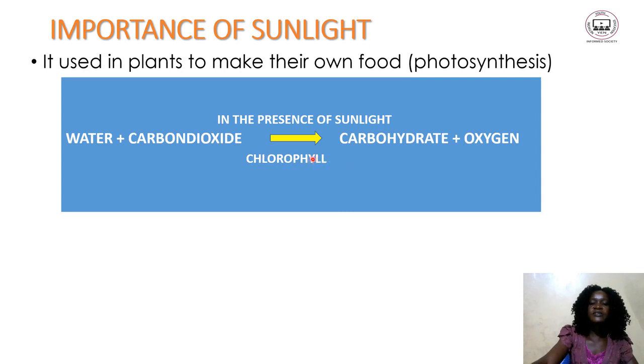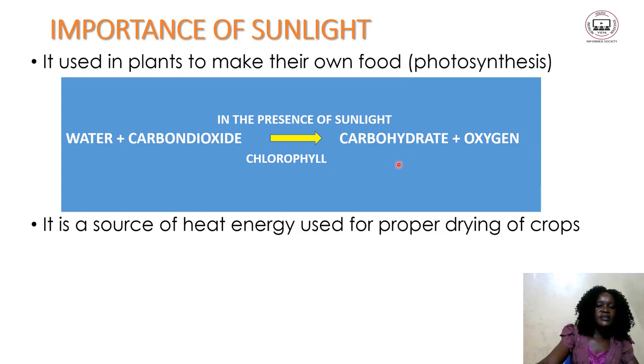The chlorophyll traps sunlight energy so that water and carbon dioxide mix up, or cook up, to produce carbohydrate and oxygen. So, in short, the importance of sunlight here is that it is used by plants to make their own food.